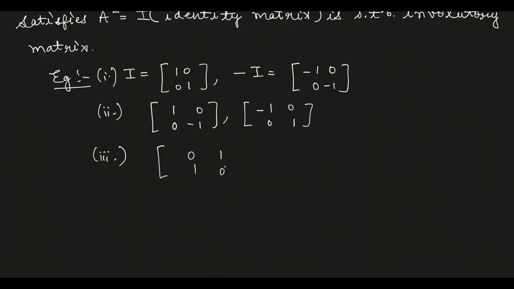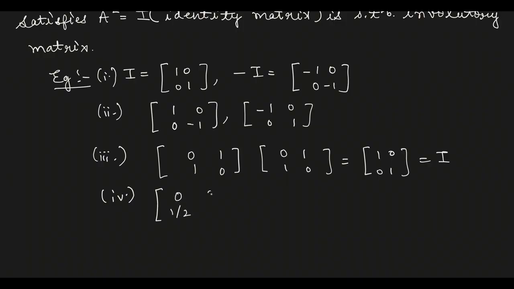0 1 1 0. If I multiply it with itself, then I am getting the identity matrix. So it is also involutory. 0 1 by 2 2 0. Again I am getting the identity matrix.